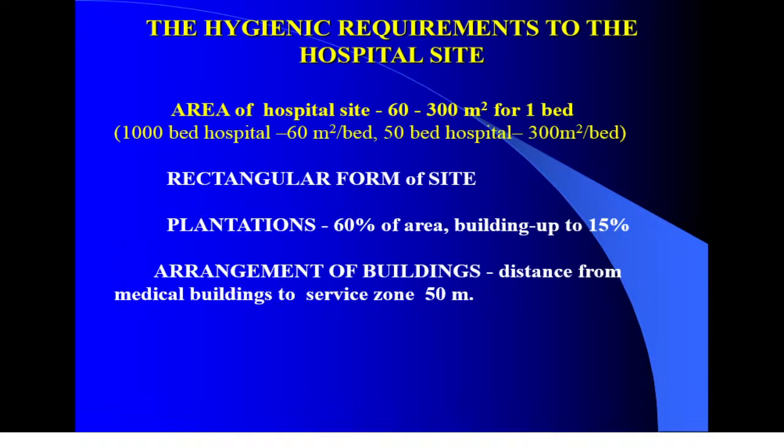With such a number of plantations, there may be more optimal conditions for patients. Building up to 15%, because that's the percentage for medical buildings. 15% of all territory must be medical buildings. And the distance from medical buildings to the service zone is usually not less than 50 meters.